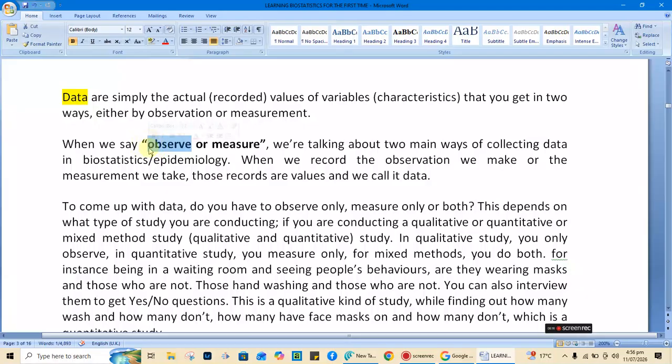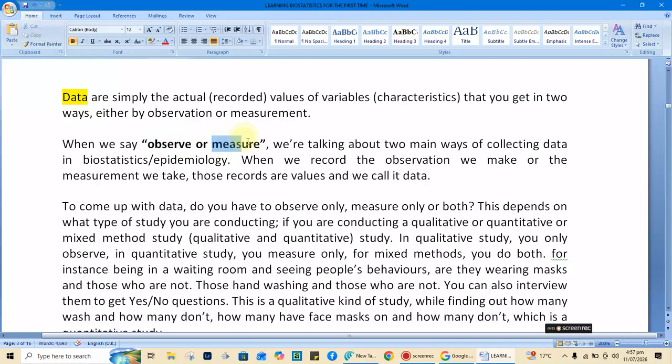For example, you can go to the hospital, sit somewhere and observe people who come in. Are they washing hands? Are they putting on face masks? Then you record yes or no. How many are putting on masks? Maybe there are 20. What you record through observation becomes your data, and that kind of data is what we call qualitative data.